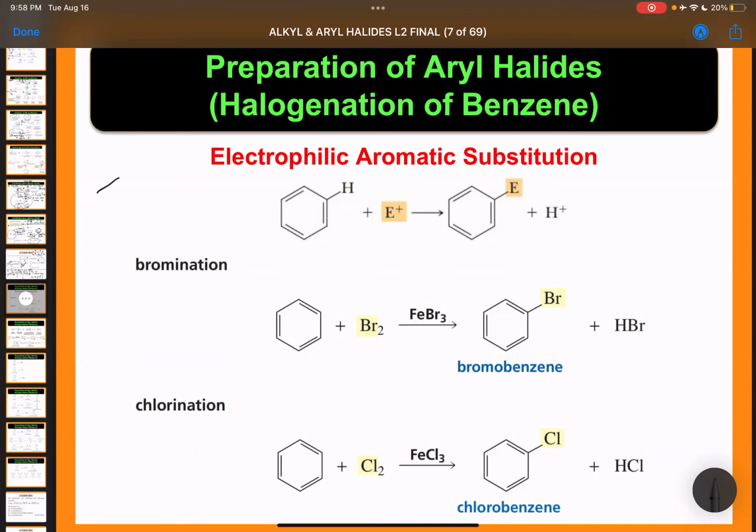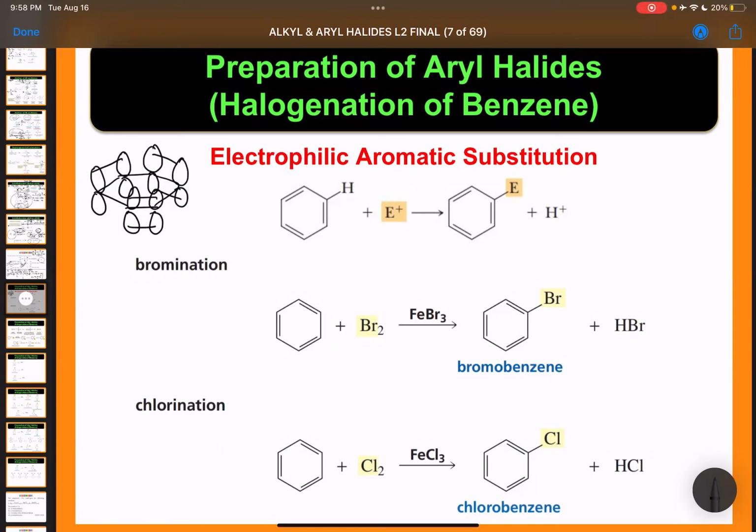So this is the diagram of benzene. These are p orbitals. You have sigma bonds, but you have electrons in the p orbitals, and those p orbitals form 3 double bonds.